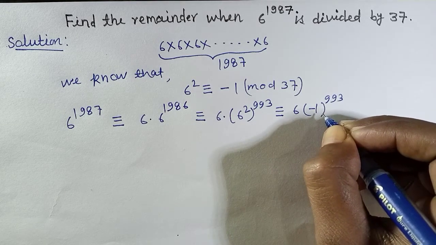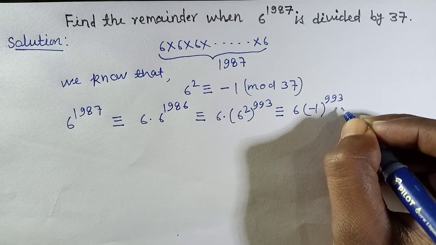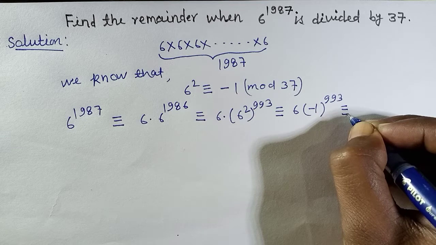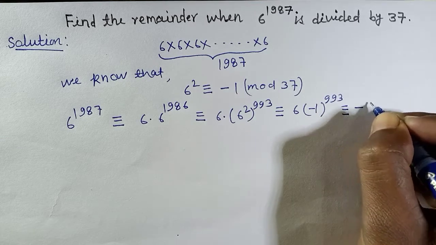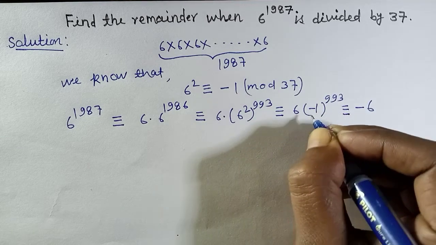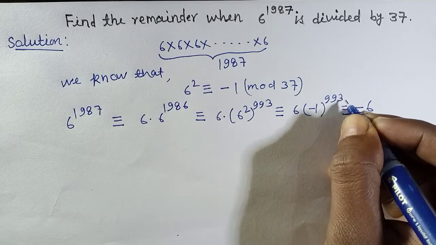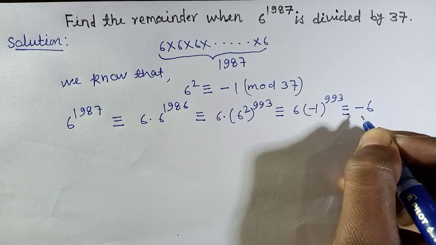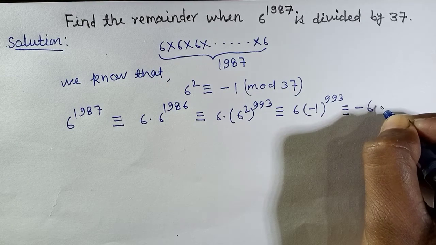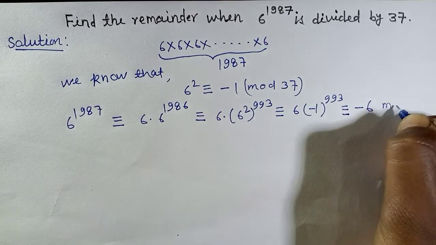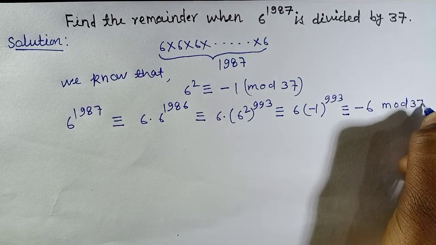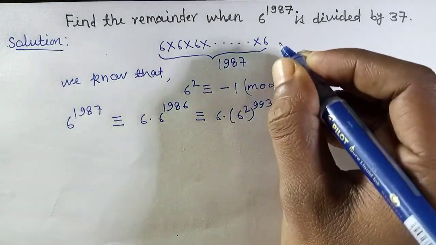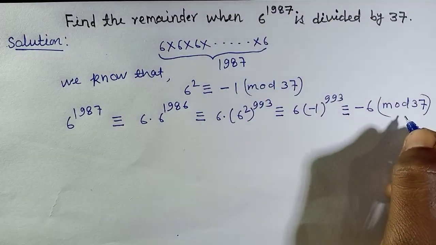So 6 times -1 to the 993 is congruent to -6, because -1 to the 993 is -1 and -1 times 6 is -6. So -6 mod 37, because we are dividing this large expression by 37.